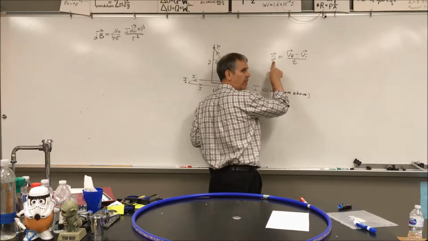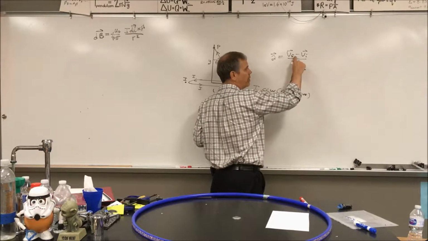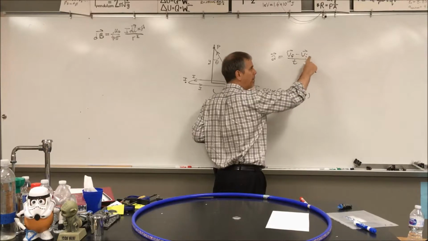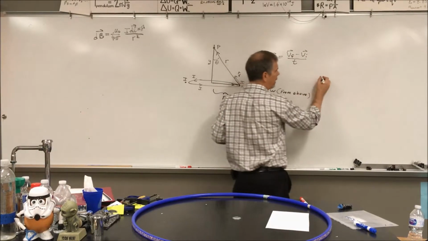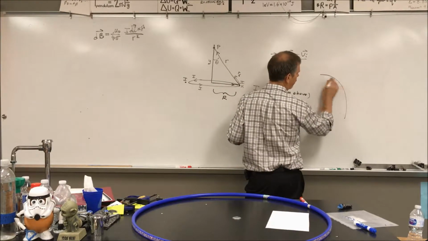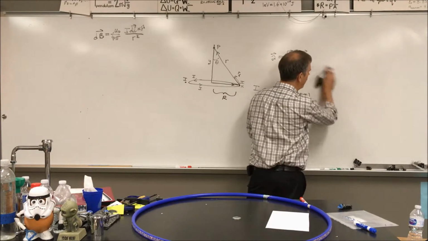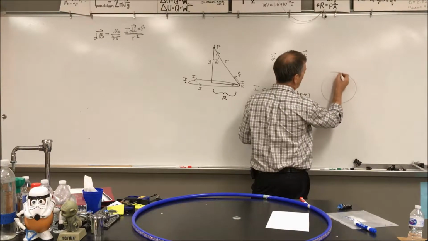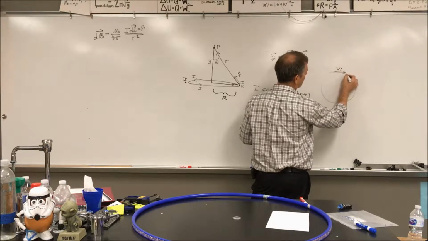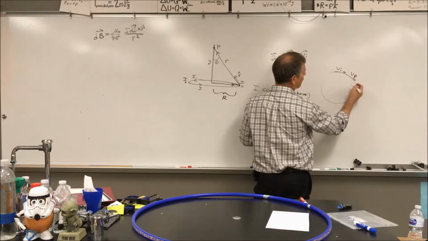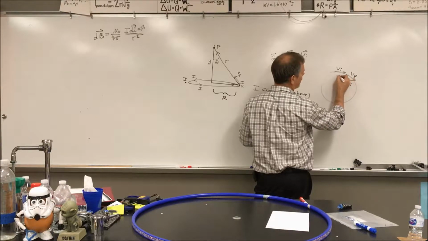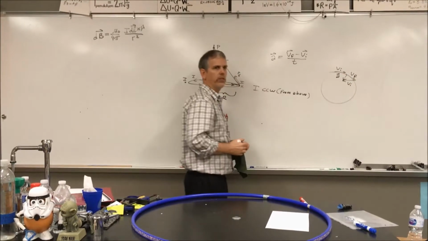The direction of the acceleration equals the direction of the final velocity minus the direction of the initial velocity. So when you're going around a circle, if we say that this is my initial velocity and this is my final velocity, well, my final minus my initial gives me the direction of the acceleration, which is to the center of the circle.